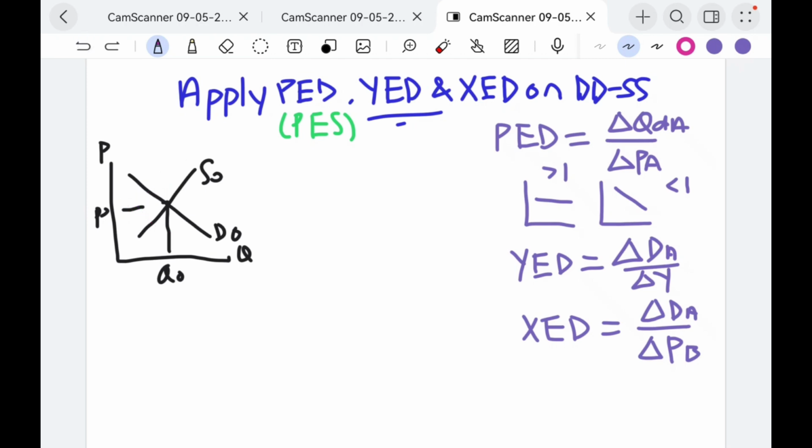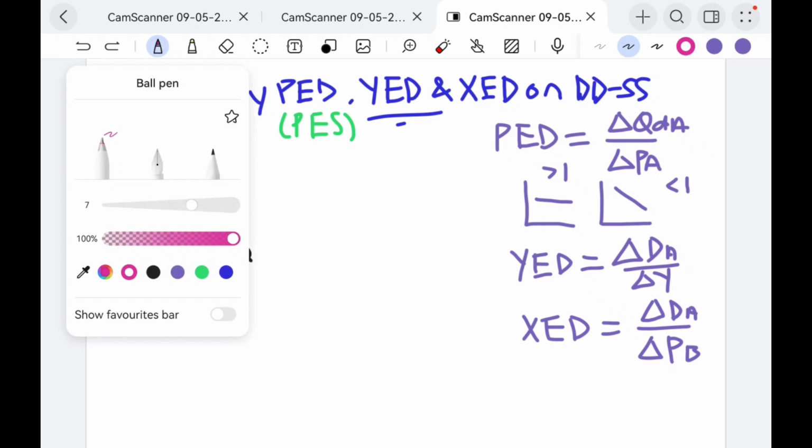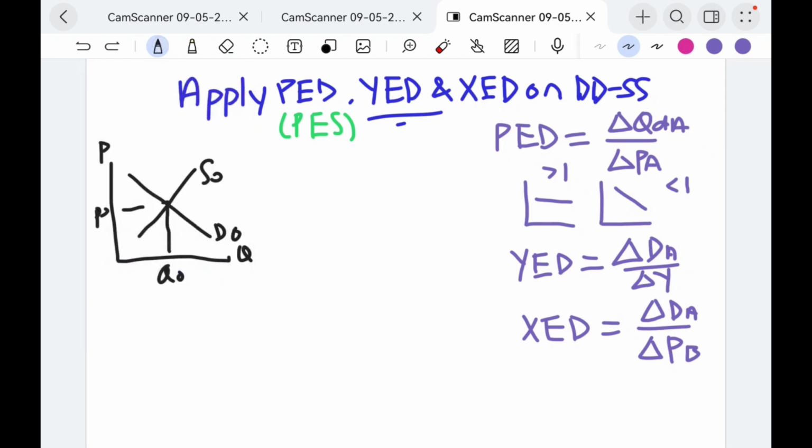But now that you have the elasticity concepts in play, you will have to show them on your graph explicitly as well. So for example, if now I have a demand that I have established to be PED more than 1, I will have to do some adjustment to my graph. So rather than drawing an objectively cross shape for your equilibrium, you have to draw the graph such that it reflects the elasticity.